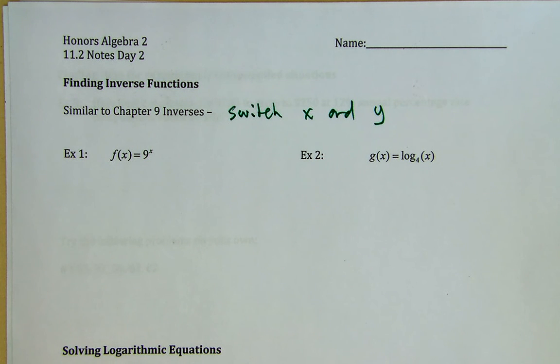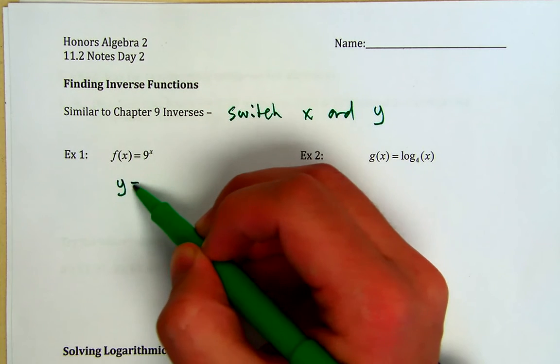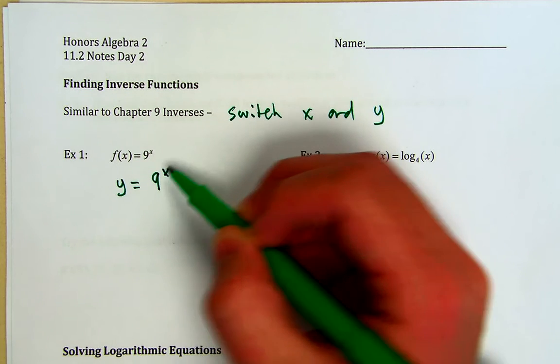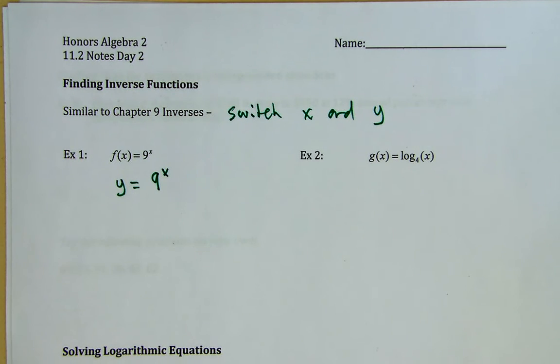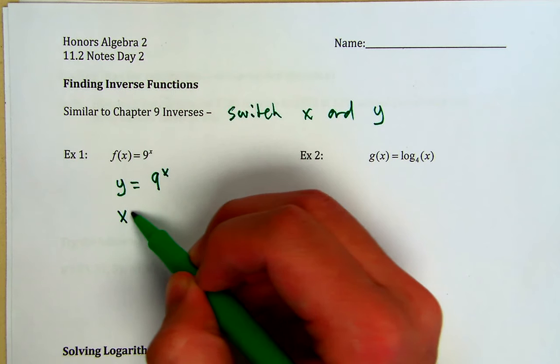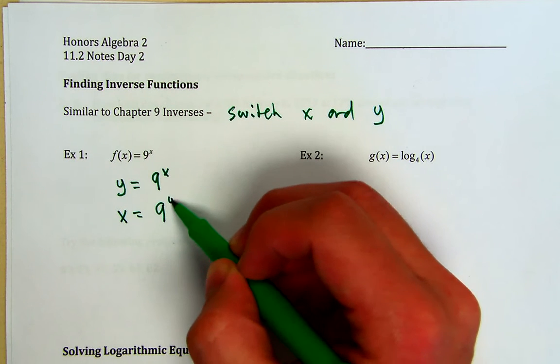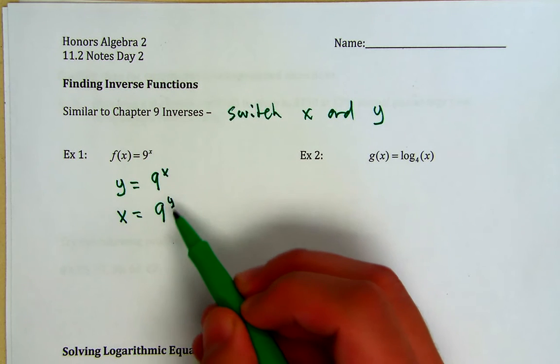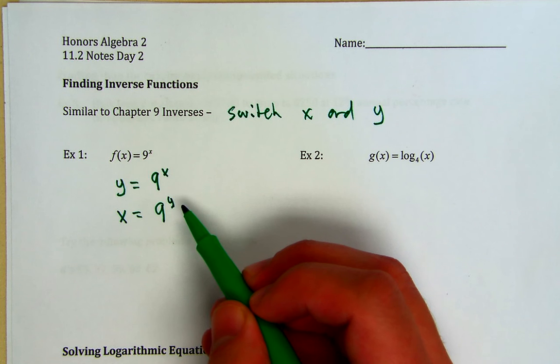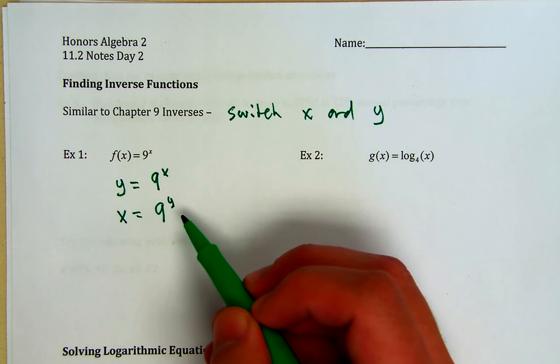So, for example 1, f of x equals 9 to the power of x. We're going to change out f of x first. We're going to do y equals 9 to the power x. Then we're going to switch x and y. So x equals 9 to the y. Well, I don't want y to be an exponent. So in order to change this around, I need to switch to logarithmic form.